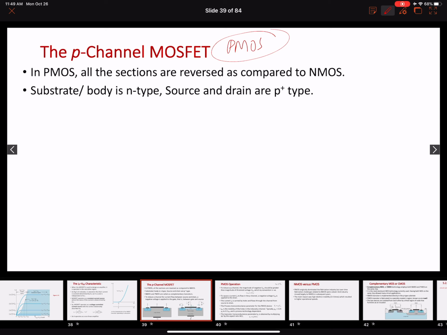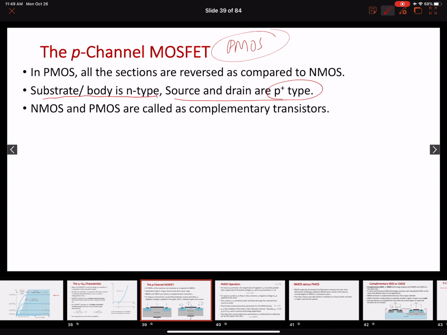So we have a substrate, the body, that is N-type, and the source and the drain are P-type, right? This is opposite to the NMOS, where the source and the drain were heavily doped N-type, and the substrate or body was P-type. NMOS and PMOS are also called complementary transistors. By now you have realized that because of the complementary nature of the source, drain, and substrate regions.